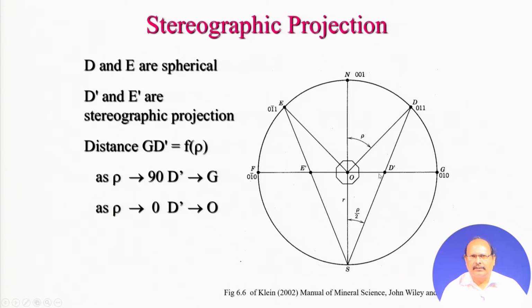The question is the position of D dash, that is the stereographic projection of D. Where D dash will be with respect to this center and the outer periphery here depends on this angle rho. If the angle is 90 degrees, then D dash will coincide with G, whereas when rho is 0, then D dash will coincide with O. So, it is essentially this particular line makes an angle with the vertical.